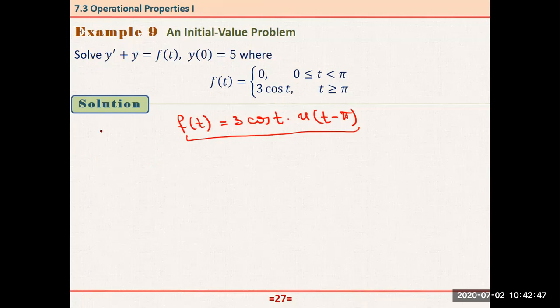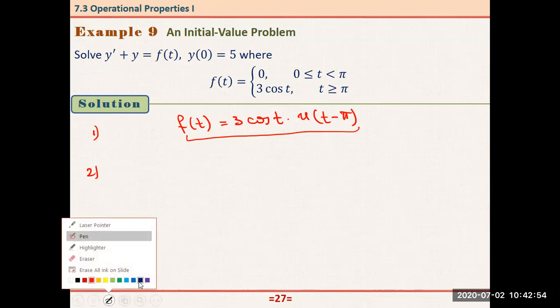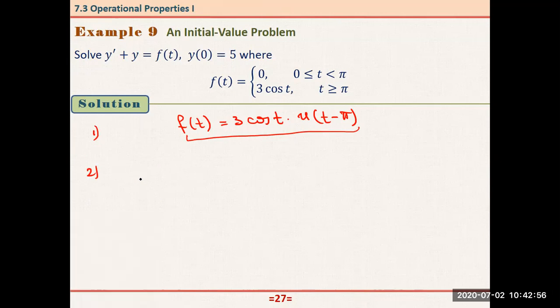So now I can rewrite this equation. Let me just use a bit darker color. So now I can write our equation y prime plus y is equal to, what is f of t? That is 3 times cosine of t times u of t minus pi.